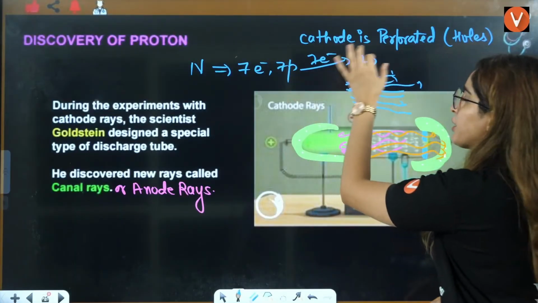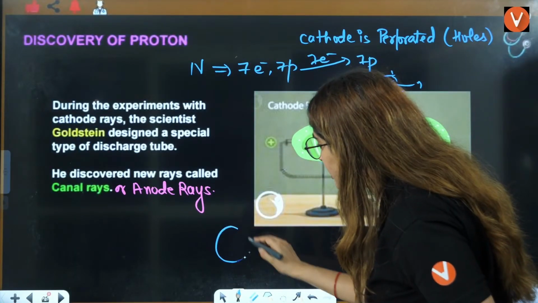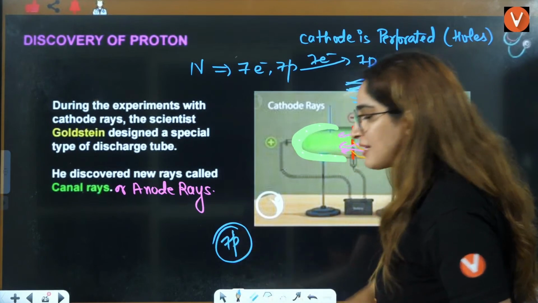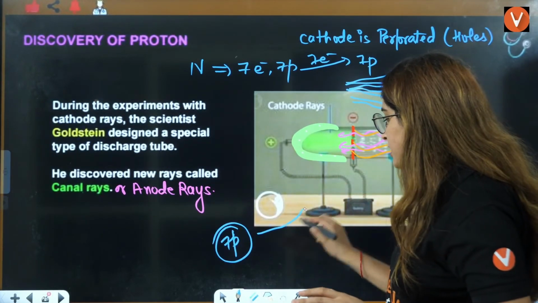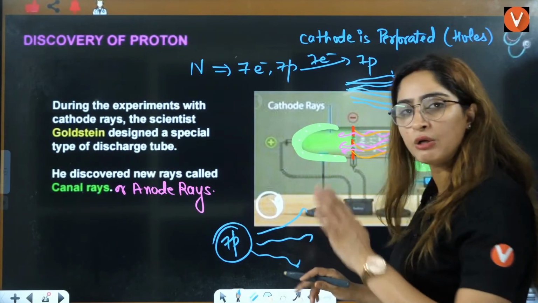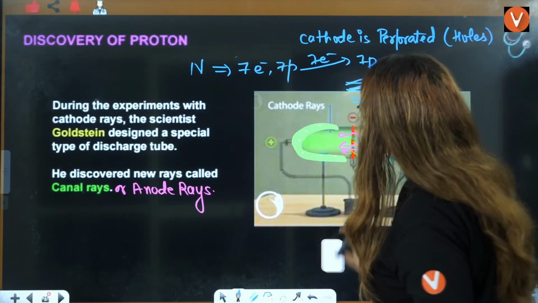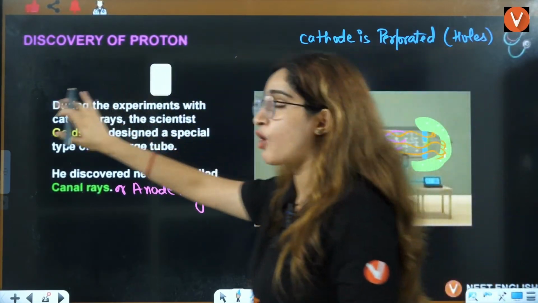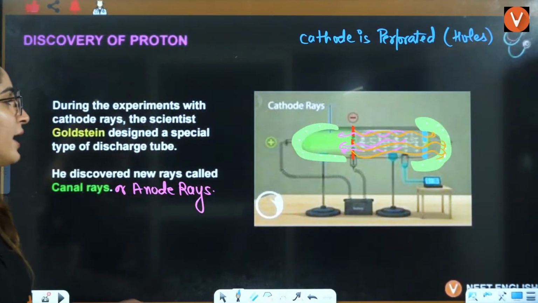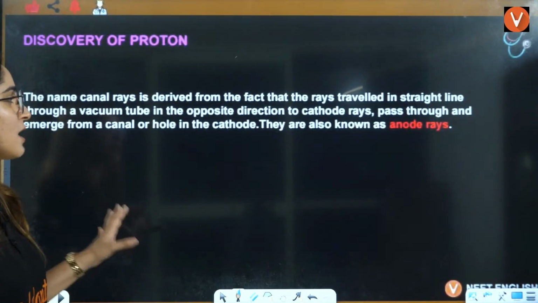But these 7 protons are in the nucleus together. It can't move by itself, that 1 proton is going here, other is going here, third. No. That's why these anode rays are not protons. These are protons only in case of hydrogen. In other cases, it is your gaseous ions.